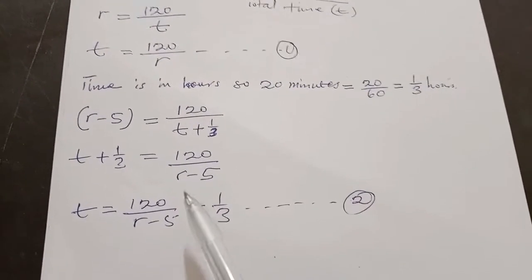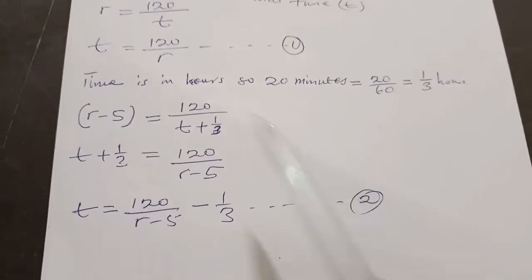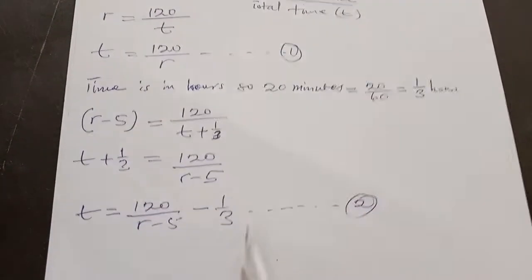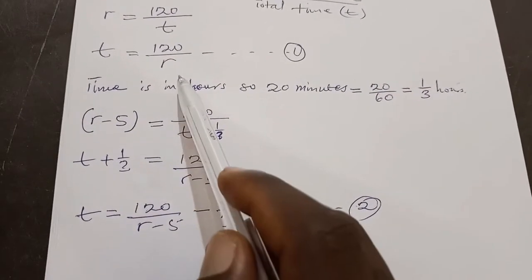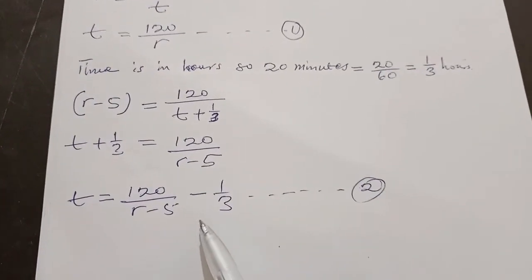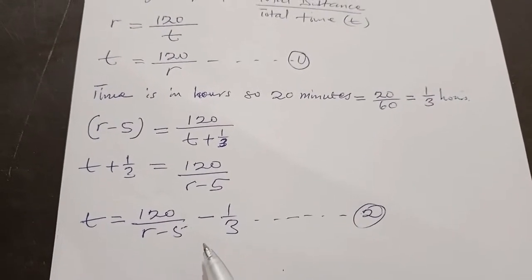That is the only way both of them can be t, because t should have only one value. So if everything here is equal to t and everything here is also equal to t, then everything here should be equal to everything here for the two equations to be true.